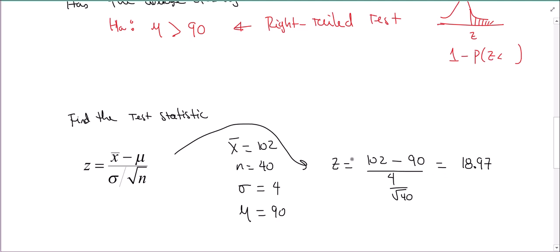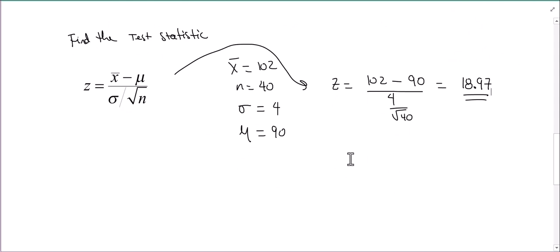So if Z is 2 or more, we were significantly high, or significantly unlikely. This is 18.97. That's super high.